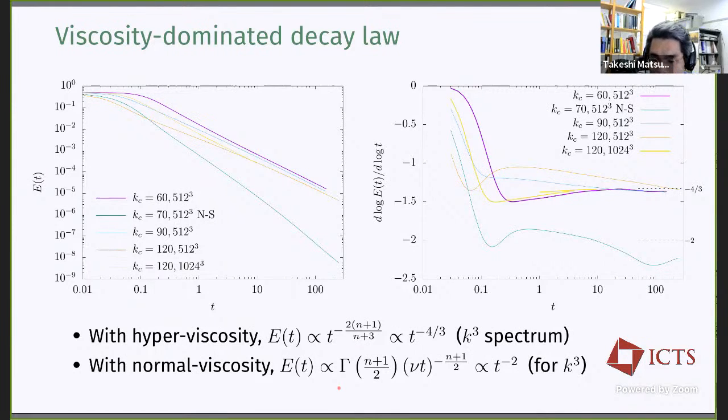And that gives you the time dependence in a simple manner, exponential of minus nu times k squared times t. And if we integrate over the wave number of that energy spectrum, then we arrive at this formula. So this formula for the k-third corresponds to t to the -2, and probably this -2 can be explained in a rough sense with this relation.